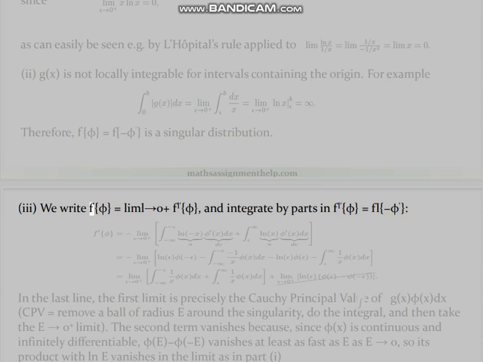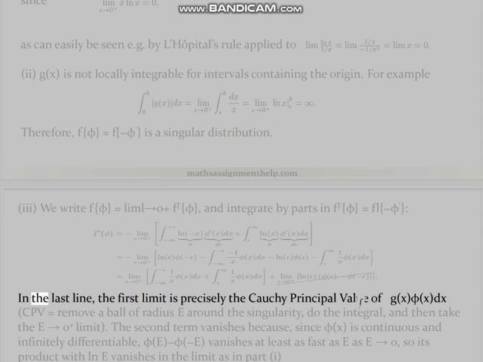3. We write f' of phi equals the limit as epsilon goes to 0 plus of f epsilon' of phi, and integrate by parts in f epsilon' of phi equals f epsilon of minus phi'. In the last line, the first limit is precisely the Cauchy principal value of the integral of g(x) phi(x) dx.